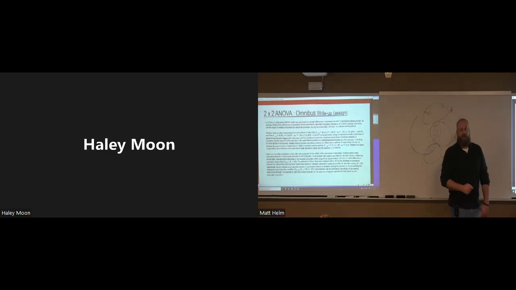Okay. What I've done in that first part is that I'm just laying out my three effects that I'm looking at, right? I've got a main effect of film, I've got a main effect of instruction, and then I've got an interaction of those two, right?